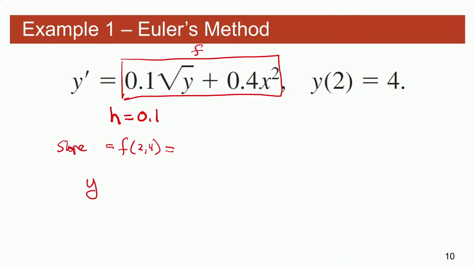And then the new y is equal to the old y plus the step size times the slope. So there's what we're doing. First of all, plug 2 and 4 in. We'll get that first. I'll give you a minute. Shouldn't be too hard. You probably can do it in your head.